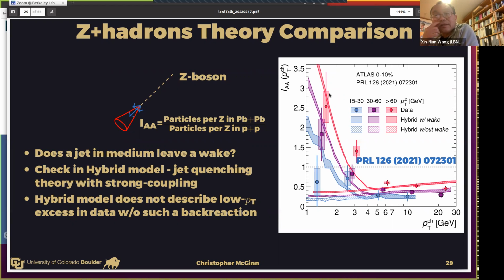We have actually emphasized this a lot. If you only look within the jet, it is very difficult to tell the difference between the induced radiation enhancement and the medium response. So what we proposed in a couple of recent papers is that, especially in Z-jet events, you look away from the jet, at the Z side. Yes, CMS has done this as well.